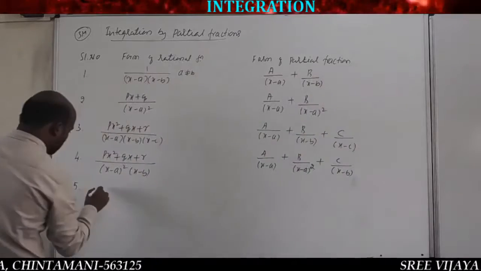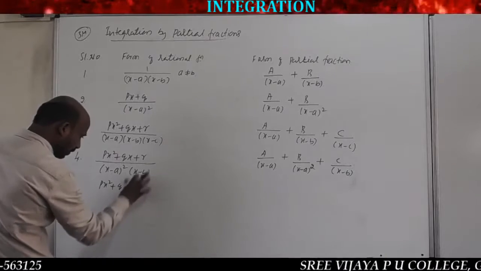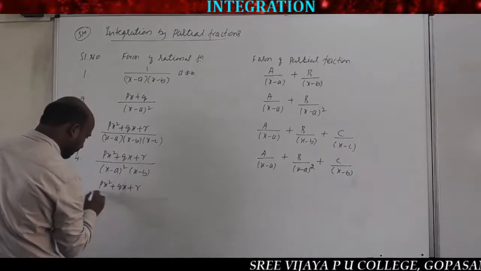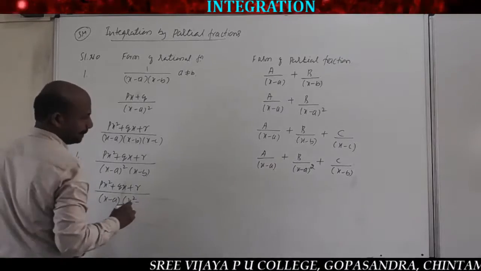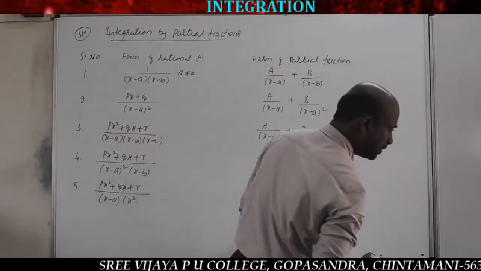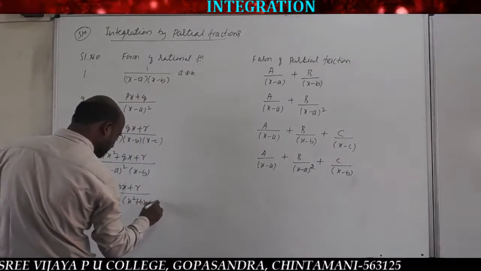px square plus qx plus r divided by x minus a into x square plus bx plus c.